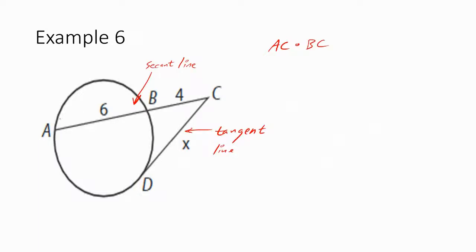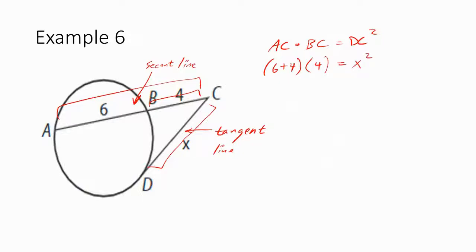So again, the whole guy times the outer guy equals the tangent line squared. Okay, so AC times BC should equal DC squared. So AC again is the 6 plus the 4, the whole secant line, times BC, which is 4, and that should equal DC, which is x squared.